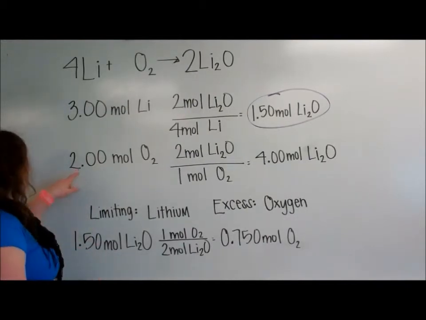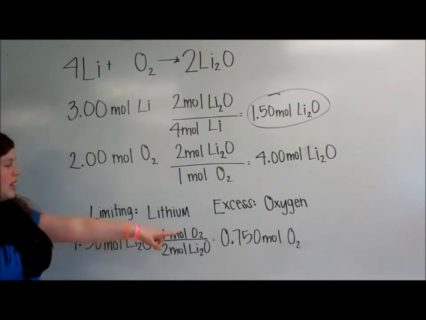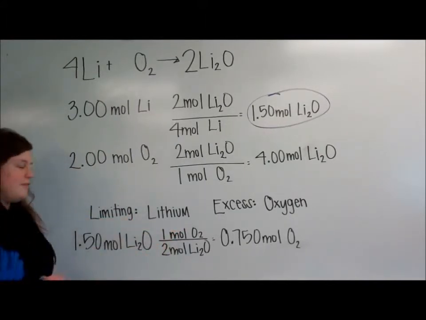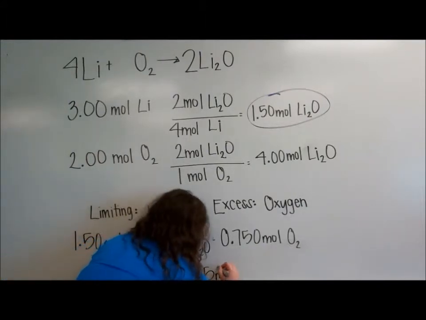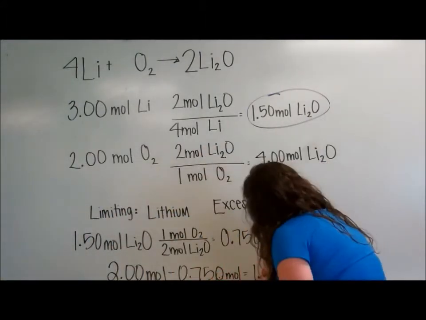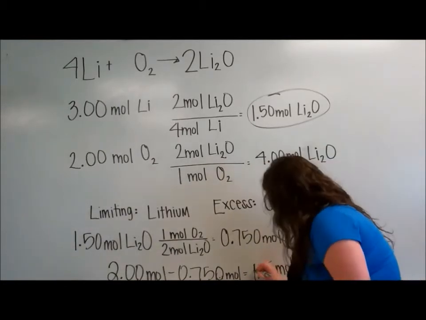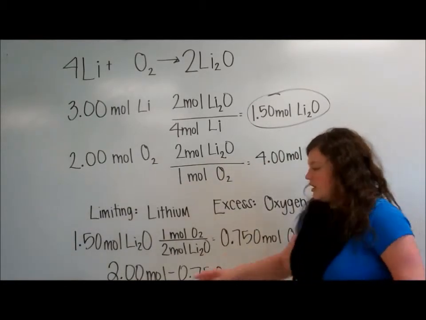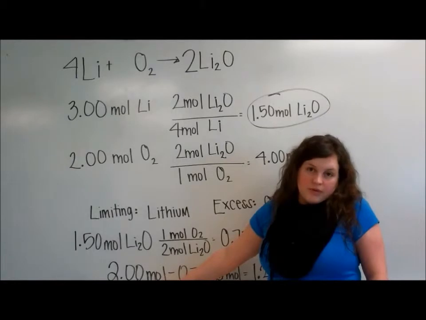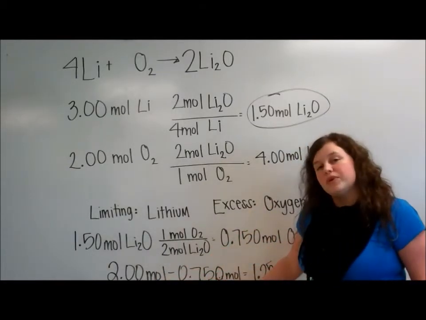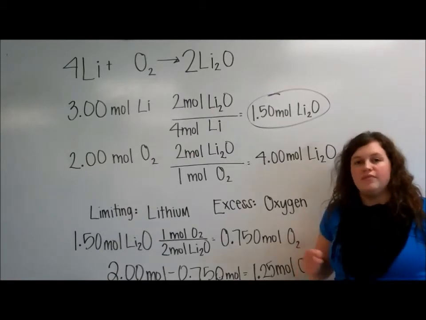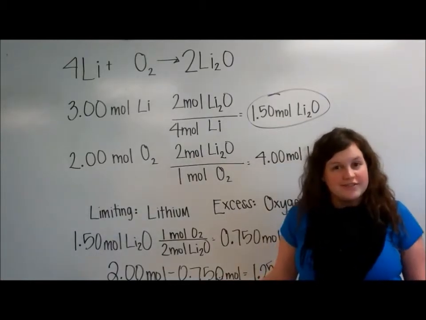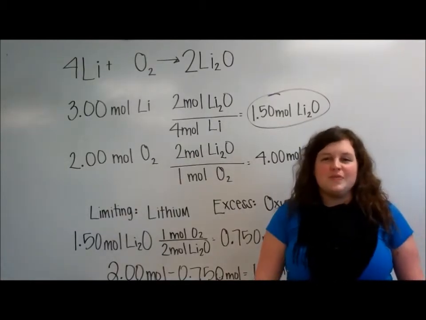Now, if we have 2 moles available and we only use 0.75, we can subtract. If we have 2 moles available and we're only going to use 0.75 moles, then we have 1.25 moles that would be left over, correct? I want you to try this problem on your own.